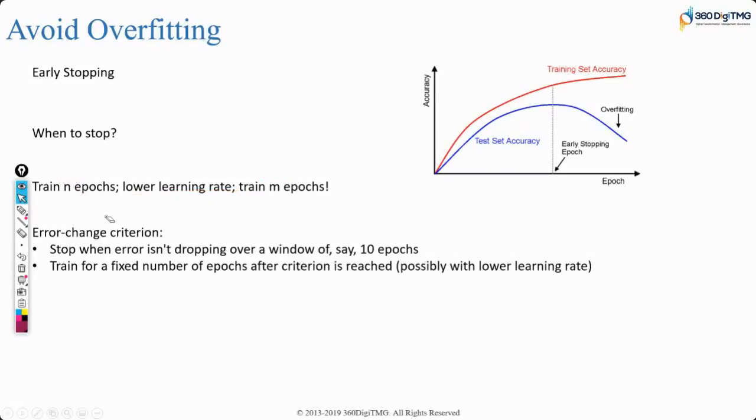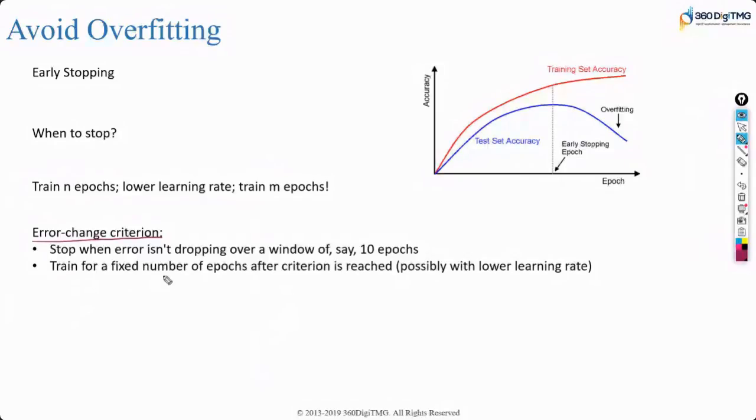And then you have this error change criterion. What do you mean by error change criterion? You stop when the error is not dropping over a window of 10 epochs. That is, you train for a fixed number of epochs after the criterion is reached. Okay, let me explain.